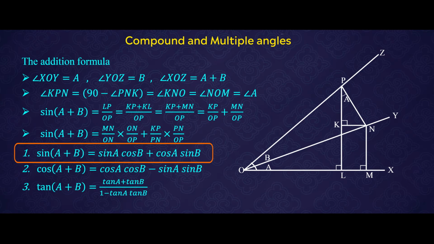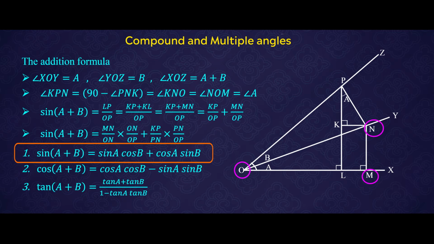If you look at the triangle ONM, MN by ON is sine A, ON by OP is cos B, plus KP by PN is cos A, times PN by OP is sine B. Therefore, A plus B is a compound angle. So sine A plus B is equal to sine A cos B plus cos A sine B. We can read this as sine A times cos B plus cos A times sine B.